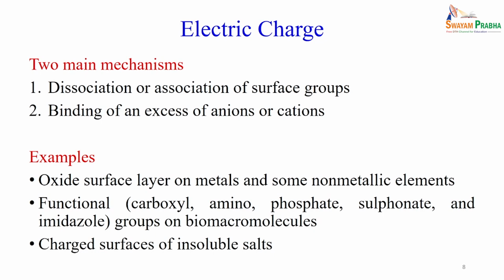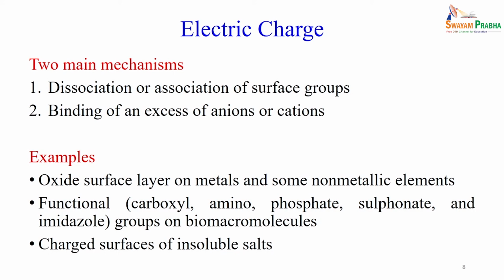Now, how does this charge come on the surface to have the electrostatic interaction? So, there are two main mechanisms. One is that all the molecules, atoms or compounds have surface functional groups. So, if there is any dissociation or association of surface groups, it results in generation of either positive or negative charge on the surface.